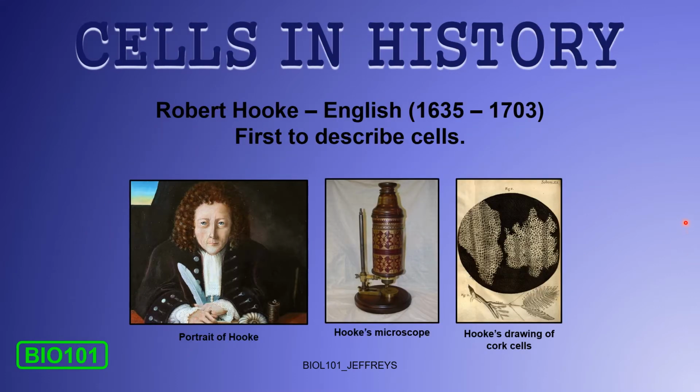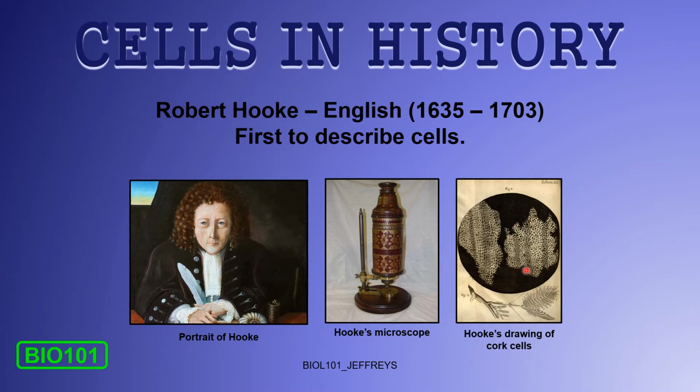So it never hurts in situations like this to at least appreciate the historical significance of what we're talking about, in this case cells and ultimately cell theory. Robert Hooke was an English scientist back in the 17th century and early 18th century, and was the first person to describe cells.